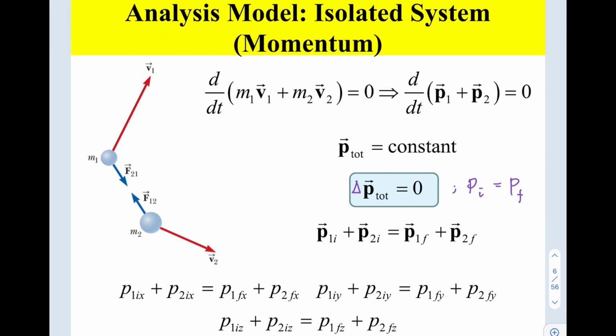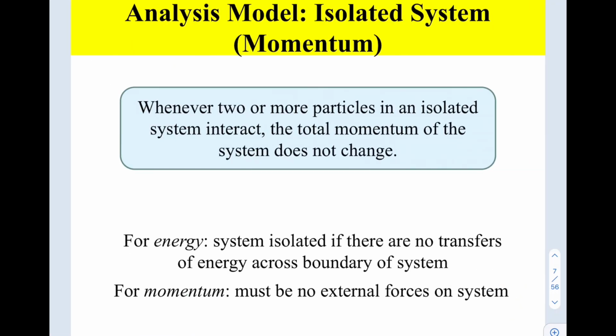Since we know that momentum is a vector, it has components, so we have to consider the rest of the components. This is for the X component, this is for the Y component, this is for the Z component. Whenever two or more particles in an isolated system interact, the total momentum of the system does not change.